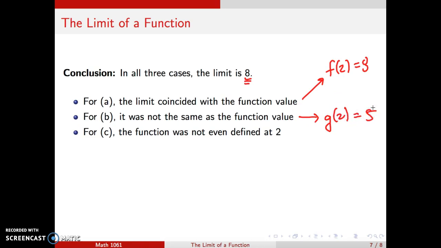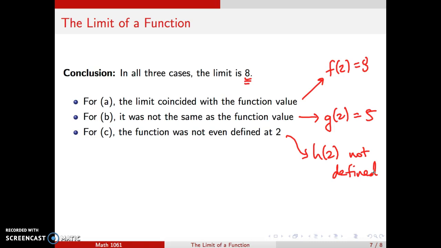And in the third case, for h of x, h of 2 was not defined. 2 is not in the domain of the function h. So you got the same limit in all 3 cases, but kind of different things going on in the background.